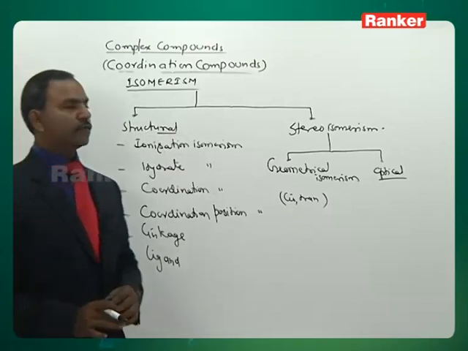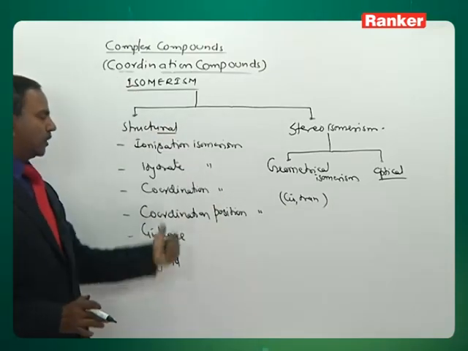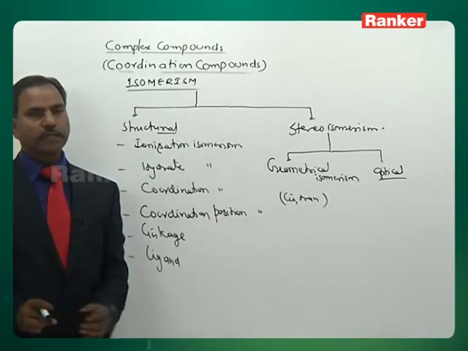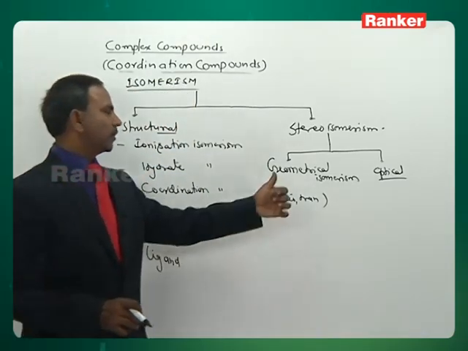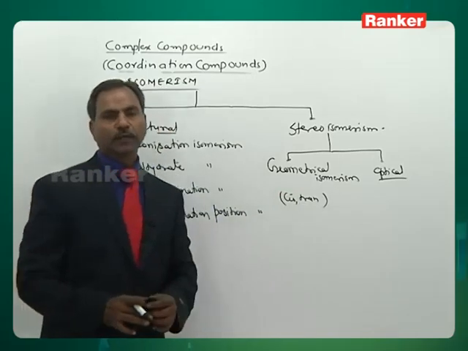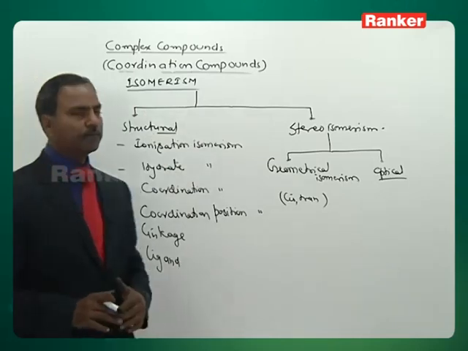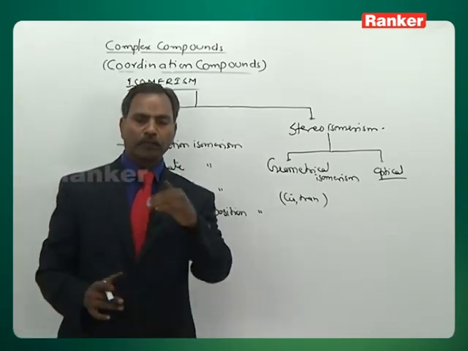So isomerism is mainly classified into two types. Under structural isomerism, the different types we will discuss one by one.